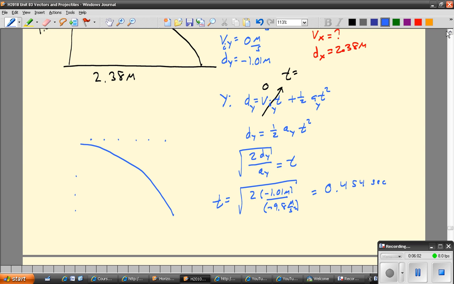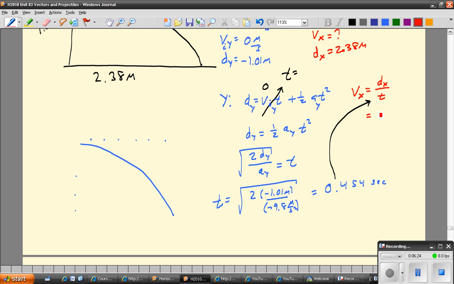Now we're going to figure out from that time the horizontal velocity. If I switch over to red, the horizontal velocity, because there's no acceleration, is just going to be the distance in the x, or the range, divided by the time. So this same time can now go in here.